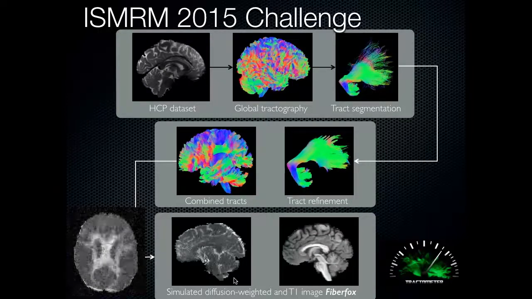So we can now run our best tractography algorithms on this and start quantifying what are the valid or invalid connections that we get. I have a talk later on this week to summarize results from this.